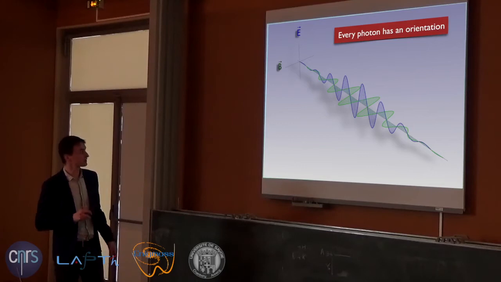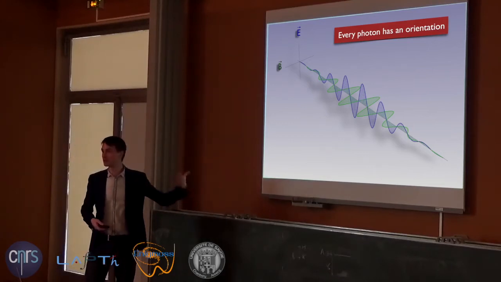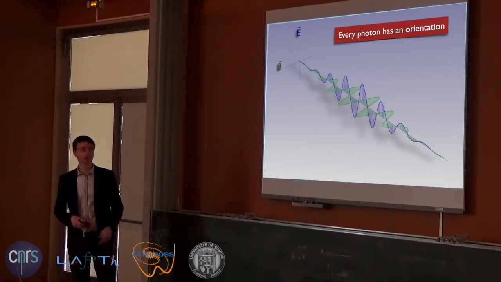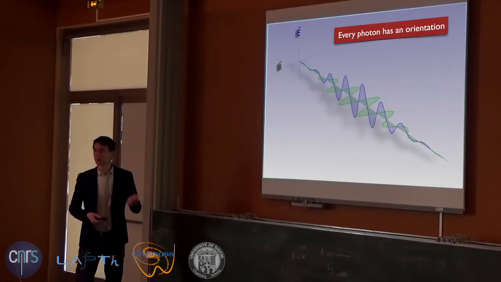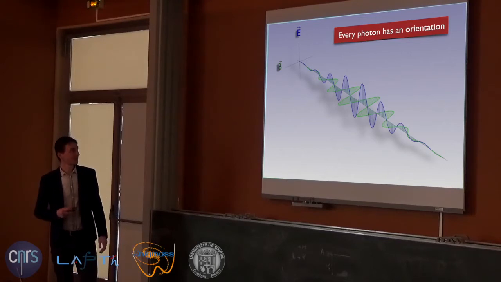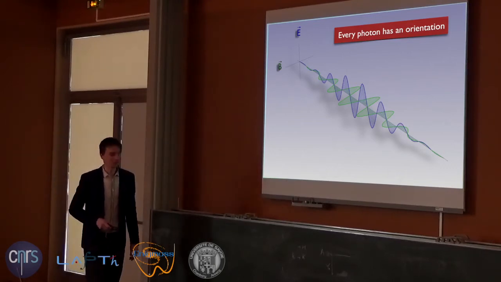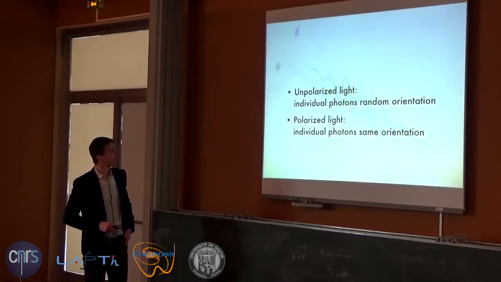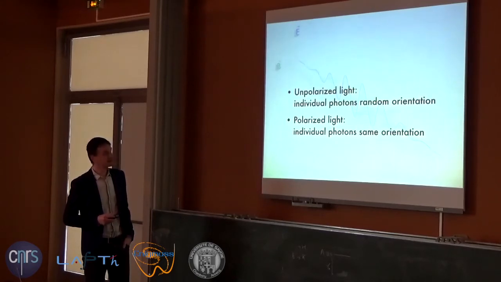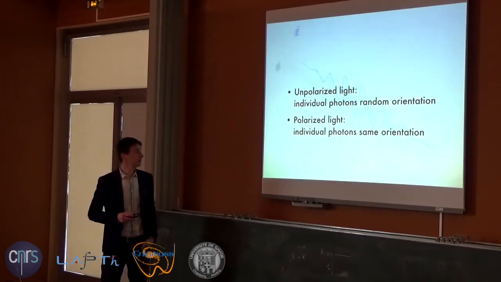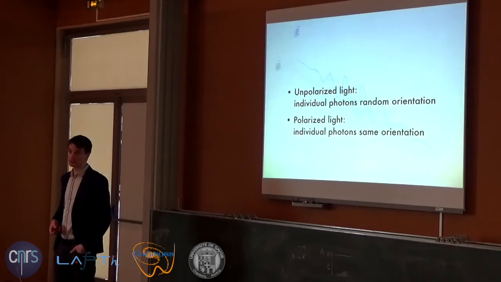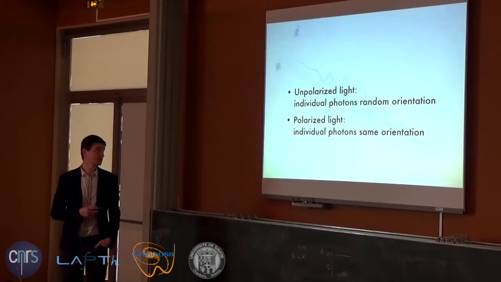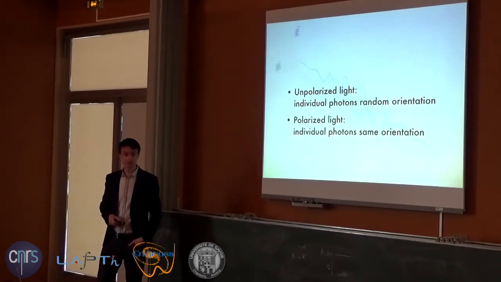Each photon has an orientation, so if you measure infinitely many photons, the average of the orientations will be 0. They're just following the whole 2 pi circle. So unpolarized light means that individual photons have a random orientation. Polarized light means that individual photons have the same orientation. And partially polarized, of course, is then also a possibility.